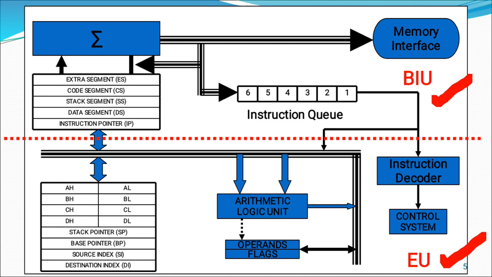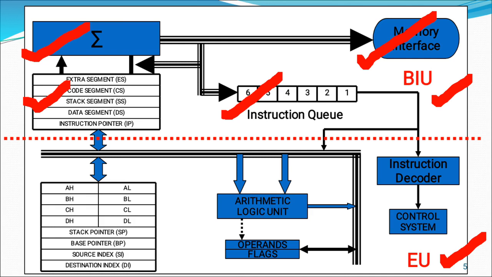In the bus interfacing unit there are four different blocks: adder, segment registers, instruction queue, and memory interfacing unit.